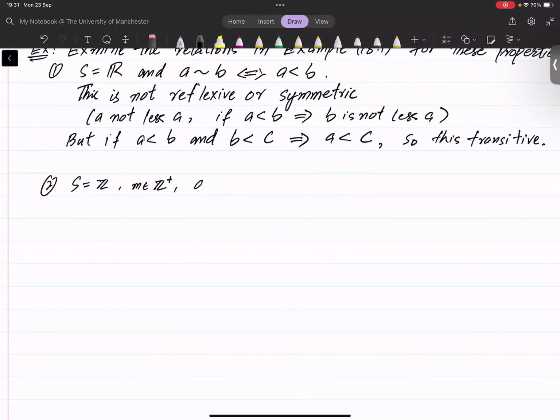And we said that A is related to B if and only if A is congruent to B mod M. So this is an equivalence relation.